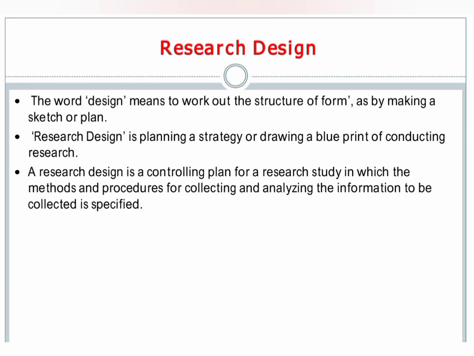A research design is a controlling plan for a research study in which the methods and procedures for collecting and analyzing the information to be collected are specified. So it is a controlling plan for a research study. We may be using different methods for collecting the data, and different procedures for analyzing the data. For data collection methods, we have primary data collection and secondary data collection.